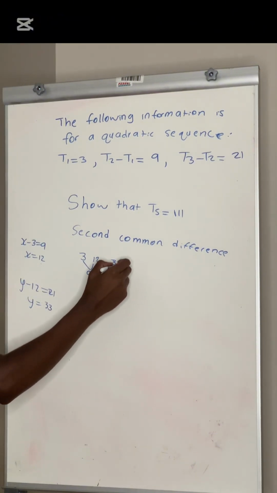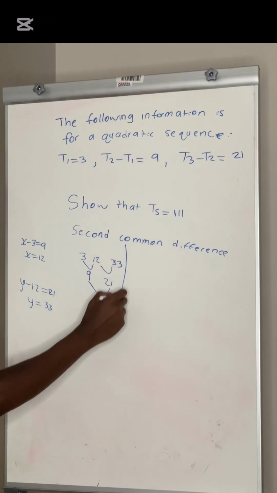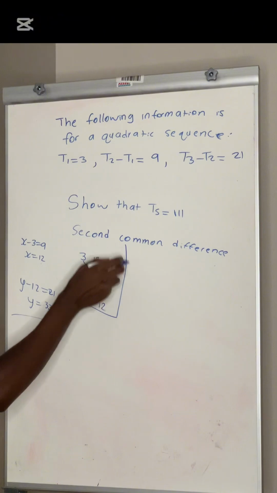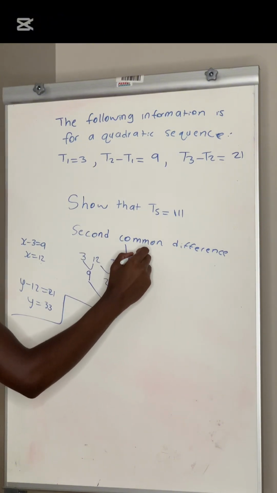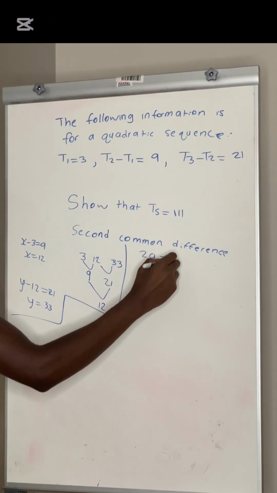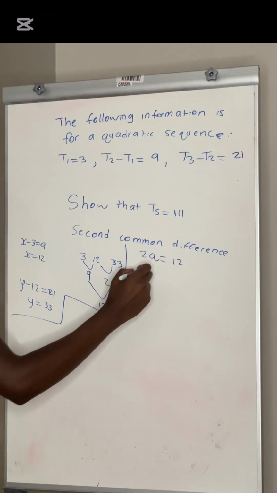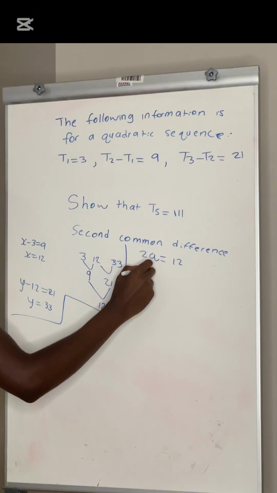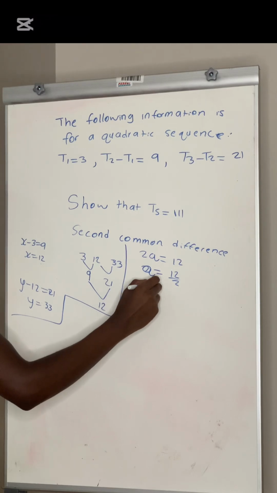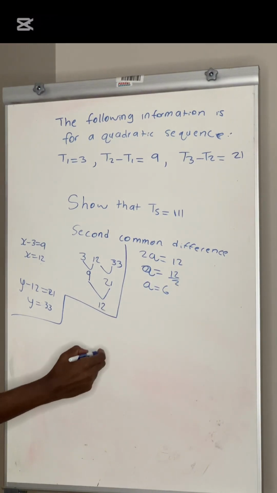We can then use our formulas, which are applicable for the quadratic, in order for us to answer the question. The formula for the second common difference says 2a is equal to the second common difference. In this case, it's 12, so you can then solve for a. A is equal to 12 over 2, so a is equal to 6.